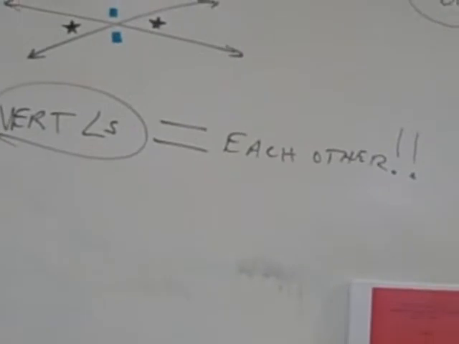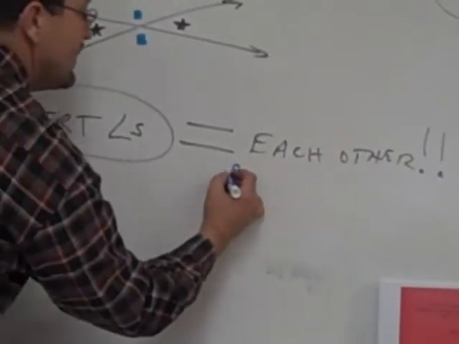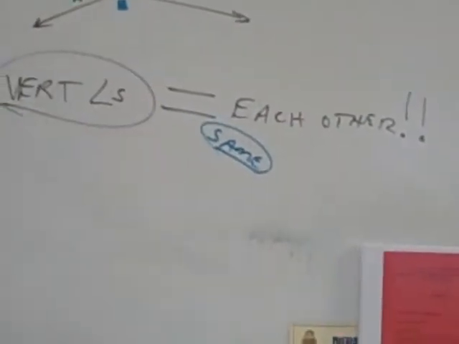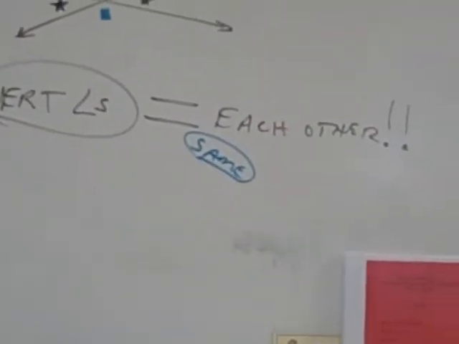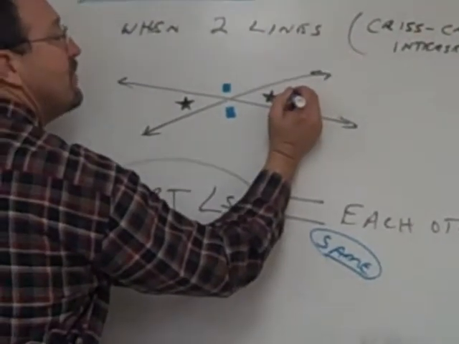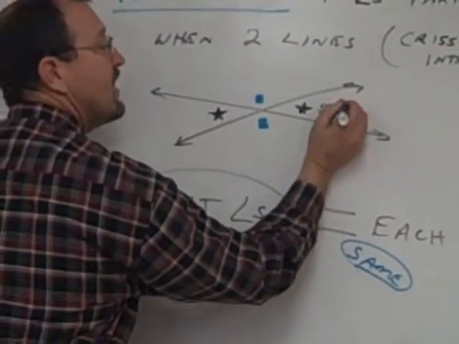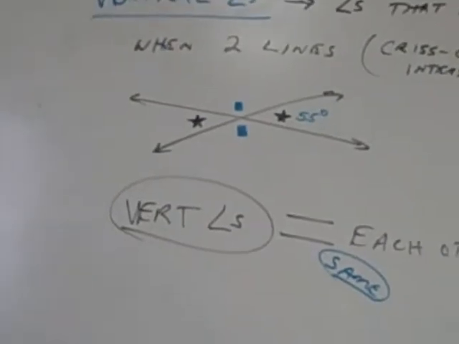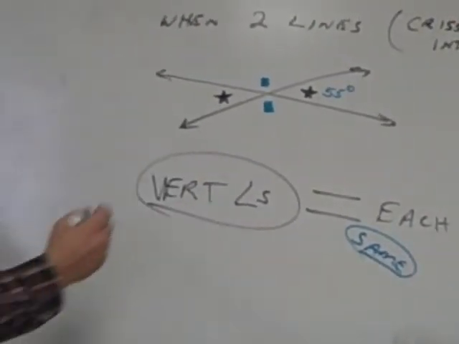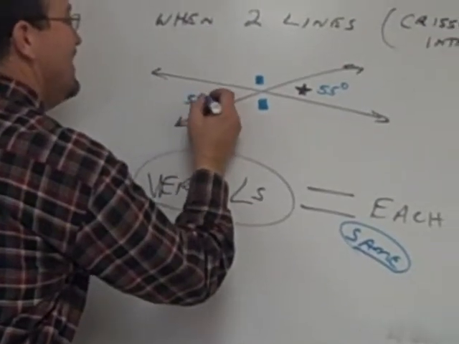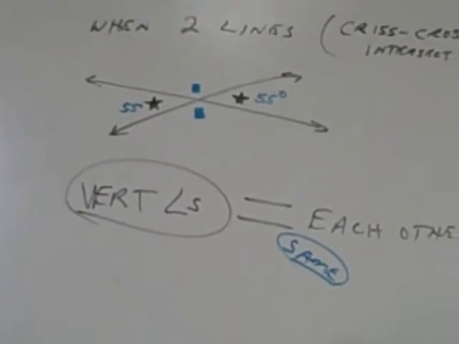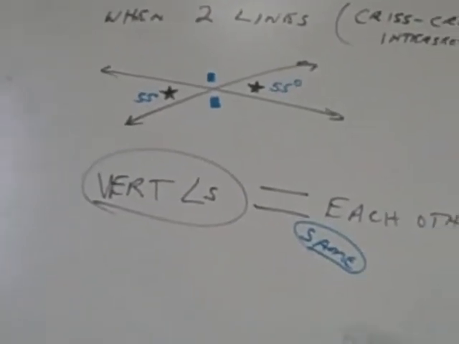What does equal mean? Same. They're the same. So, up here by your star, put 55 degrees. So what's the other guy? 55. It has to be 55 also because they equal each other. Vertical angles equal.